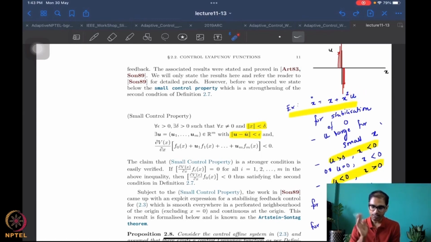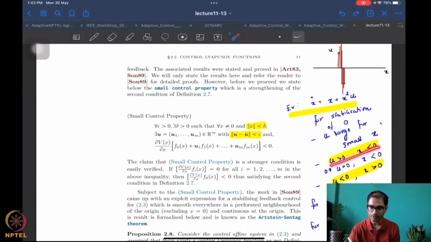So let's look at different situations. u has to be large for small x. That's important. If x is negative, the x term is anyway positive, it doesn't matter; u has to be positive, because it has to counter this term. Similarly, if x is positive, u has to be negative.